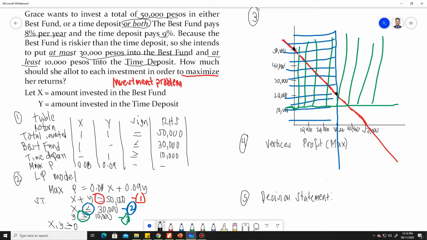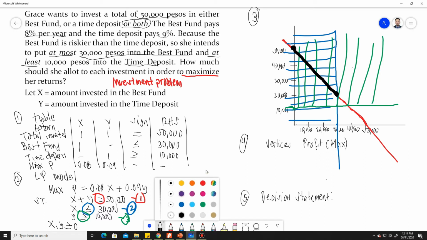So ibig sabihin nandito lang. So bibigyan natin siya ng highlight. Ito ang ating feasible region. Okay? And then these two our vertices.